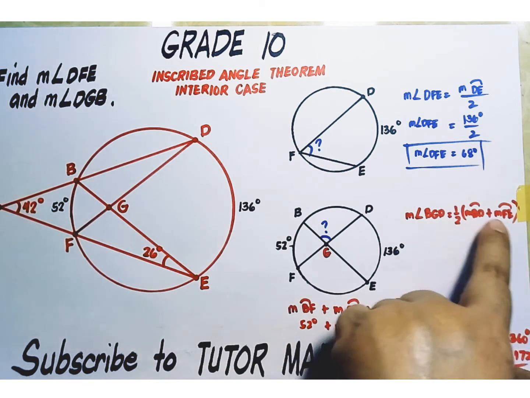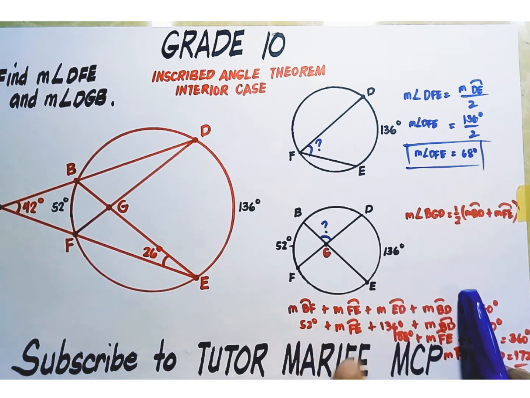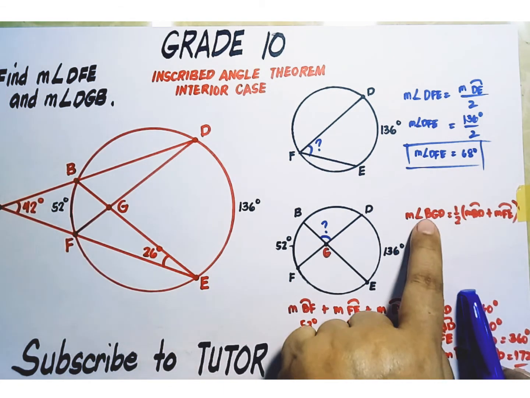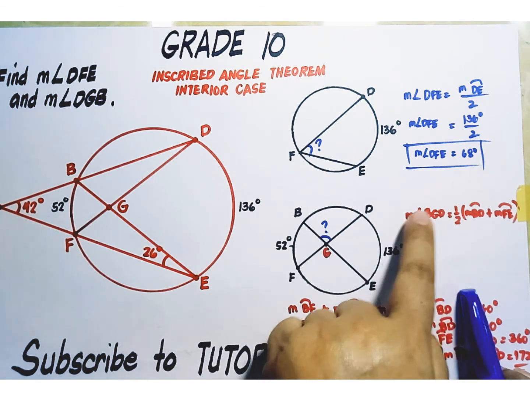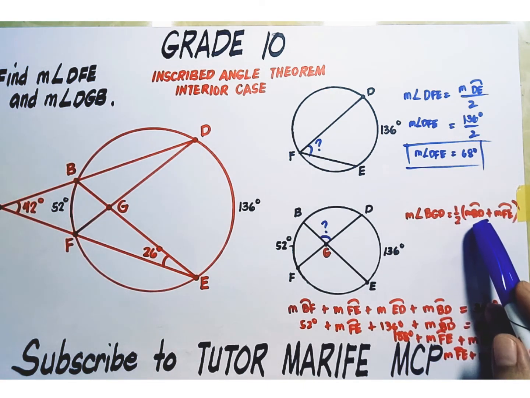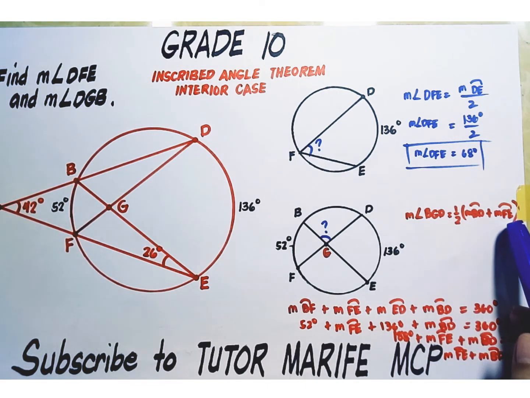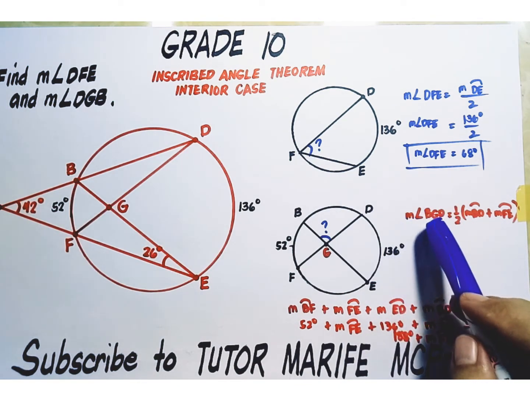These are the intercepted arcs of angle BGD or angle DGB. Remember that you can interchange the two letters at the left and right of the vertex G. But we don't know the measure of arc BD and arc FE. So how are we going to solve for the measure of angle BGD?